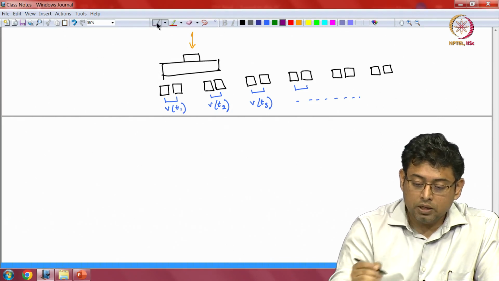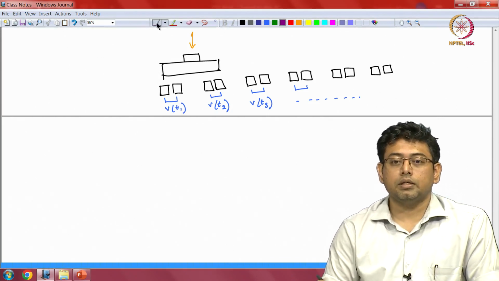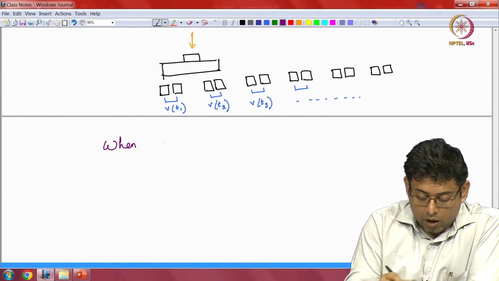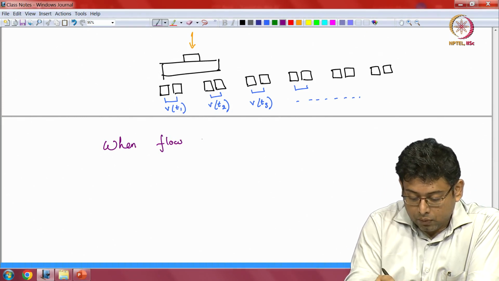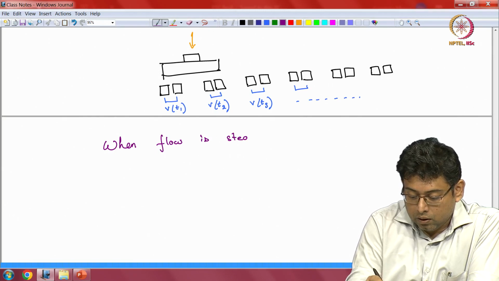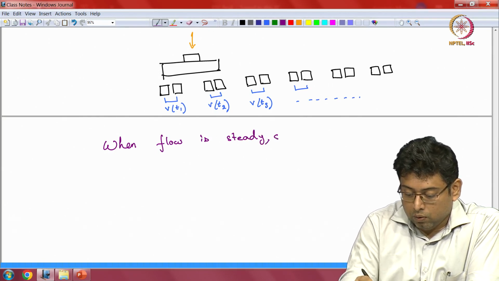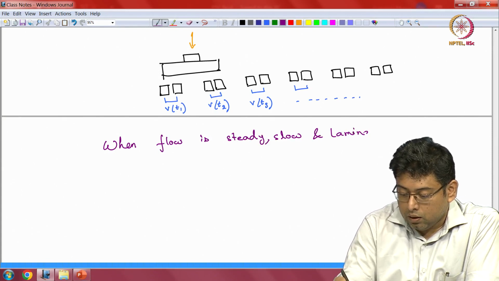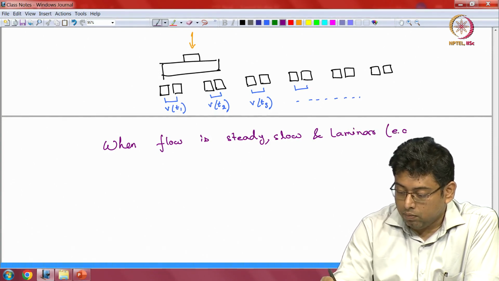Now, one special case I want to discuss is what happens when flow is steady, slow, and laminar. Example, microscale flows.